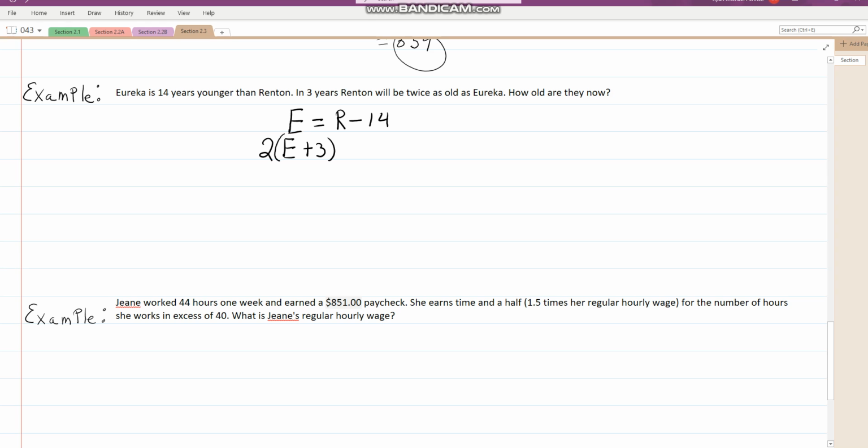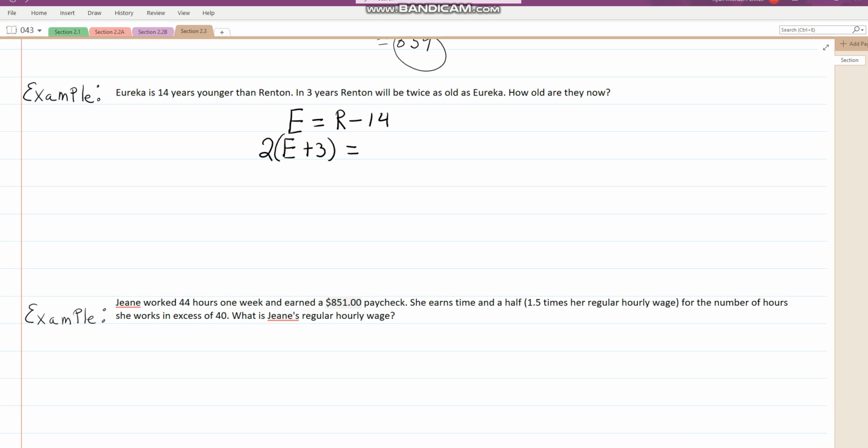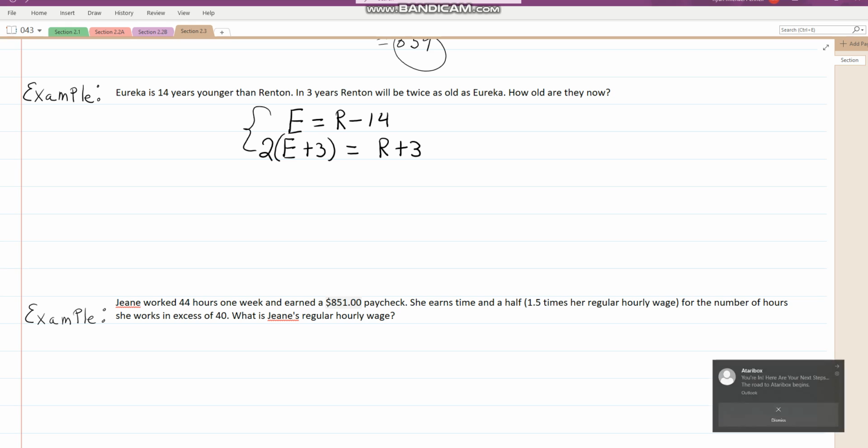So I have to go 2 times Eureka's age in 3 years. And then that will equal Renton's age, but Renton has also aged 3 years. Okay, these two equations will be able to solve your problem.